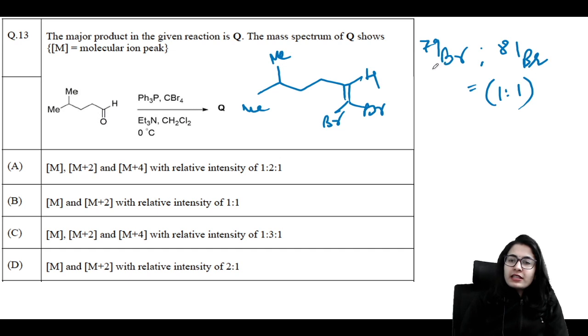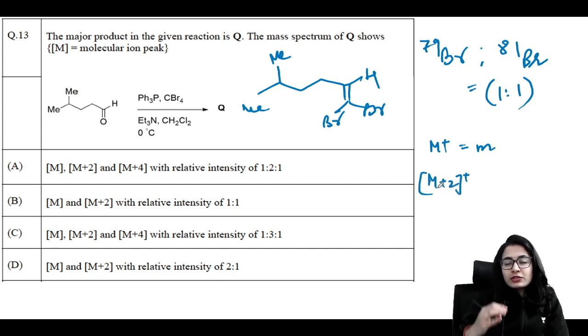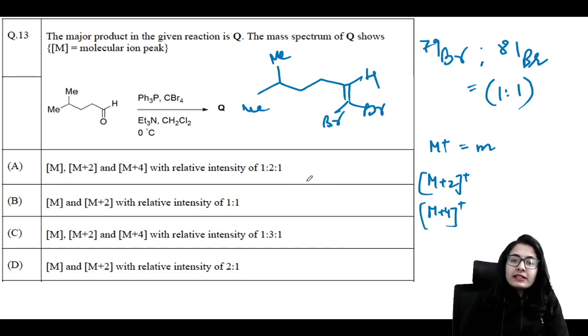So when you are saying that 79 to 81 bromine is 1:1, you are getting an M peak at, let's say, whatever mass, which is M for example. Then the M plus 2 peak, because you are adding one isotope, and the M plus 4 peak. You are going to get three different peaks with the intensity ratio 1:2:1.